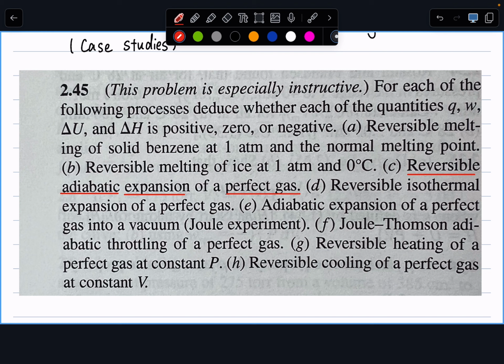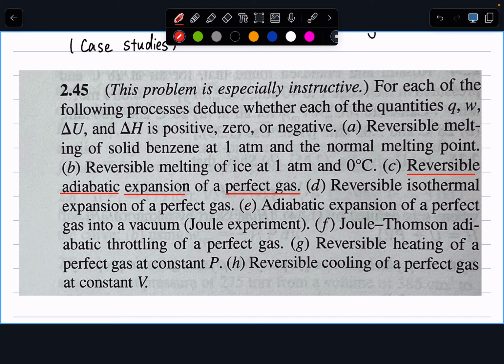So you can get our results the same way. For example, we know it is an expansion, so my volume is getting bigger, my temperature is dropping, right? So my final temperature is smaller than my initial temperature, and hence my delta U and delta H must be negative. And then you can go back to our reversible work, and that's also negative. So you can do it in both directions. You'll get the same answer.